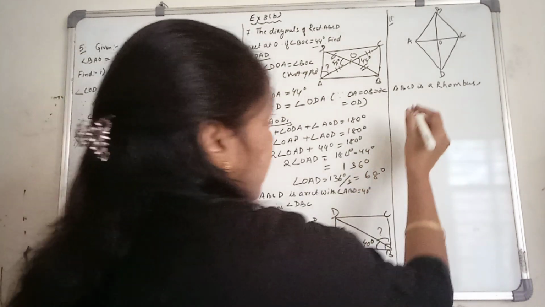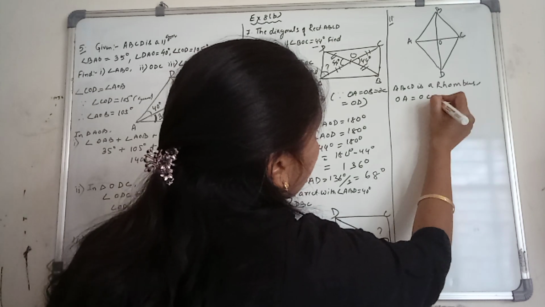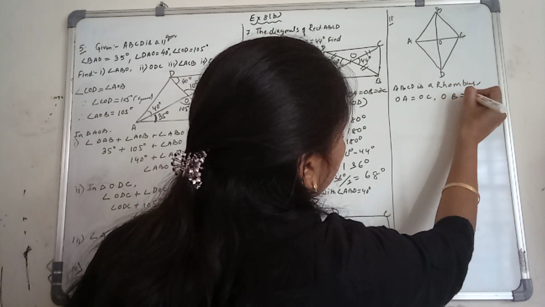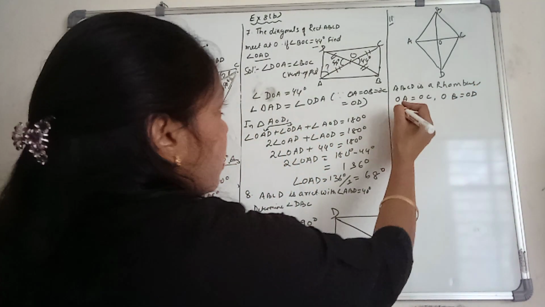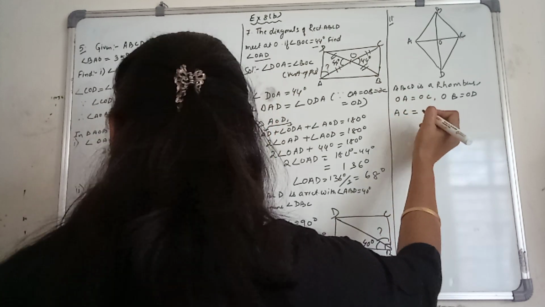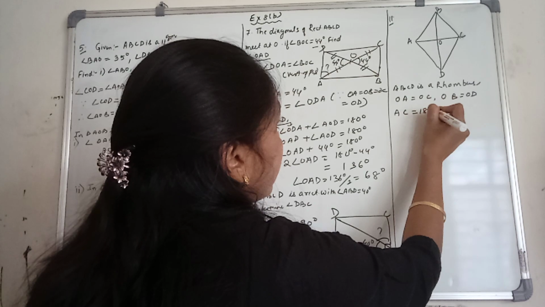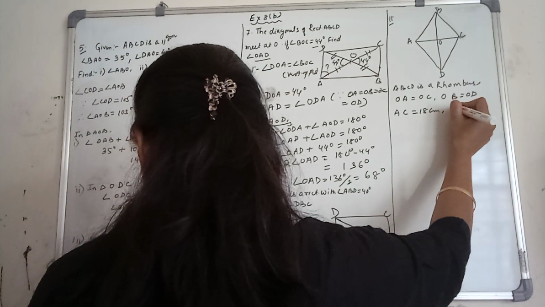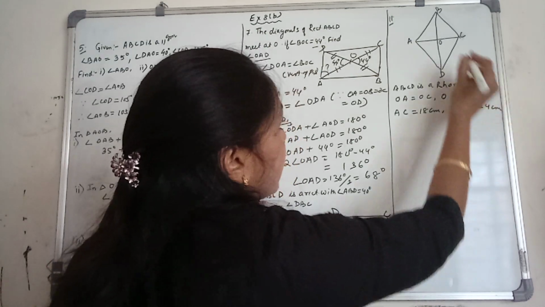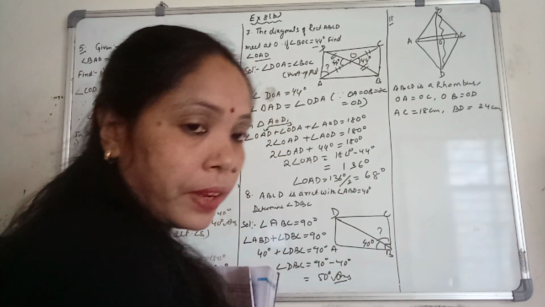So OA is equal to OC and OB is equal to OD. AC is given as 18 centimeter and BD is given as 24 centimeter.